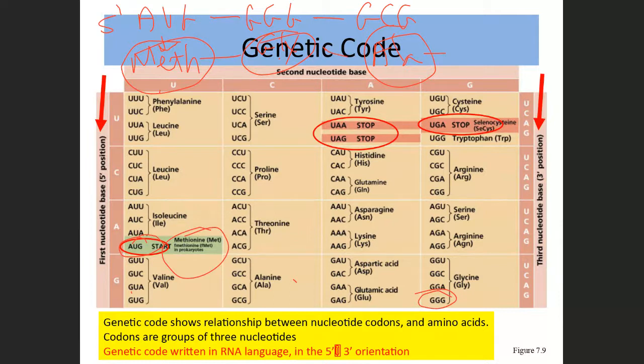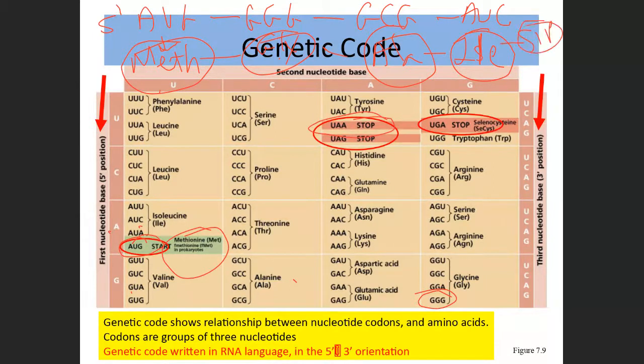Then AUC, right there, isoleucine. And then finally UAA, and UAA is a stop codon, so we have a stop.